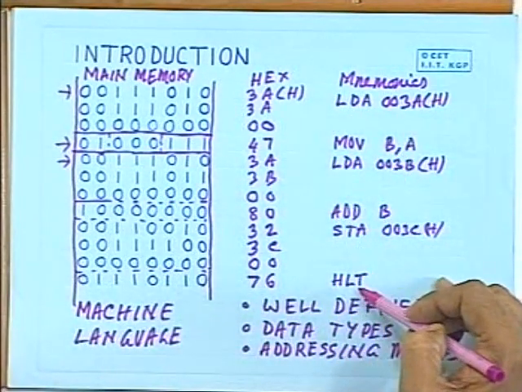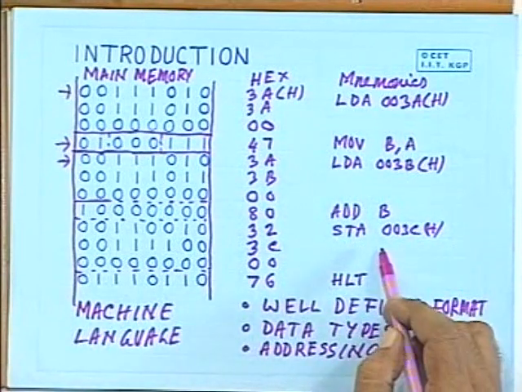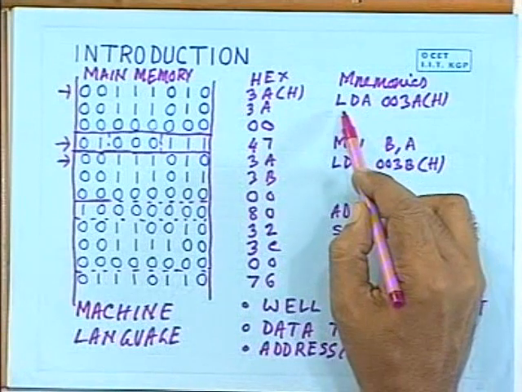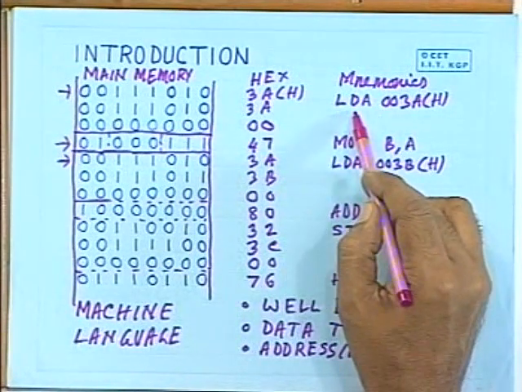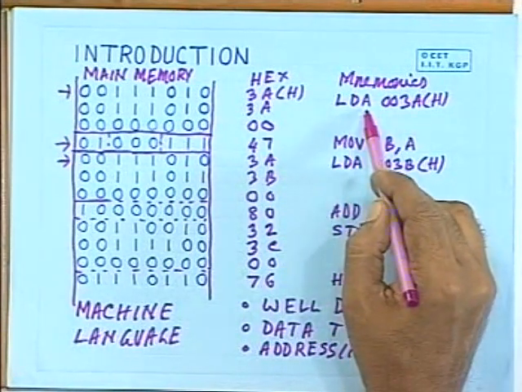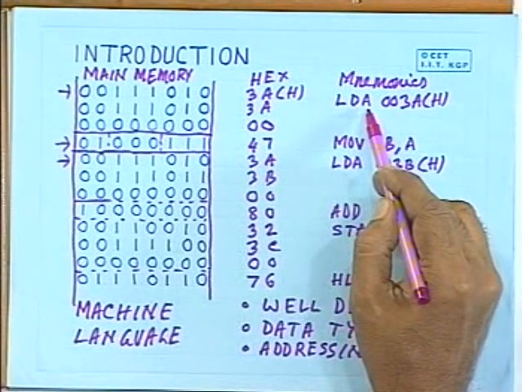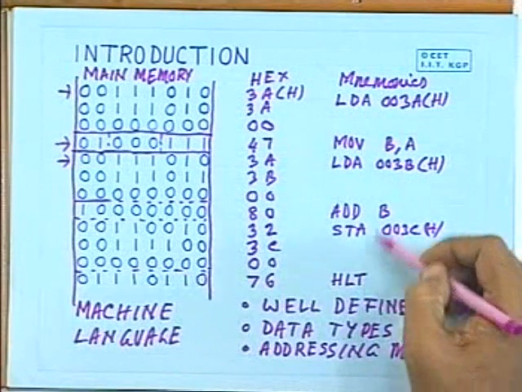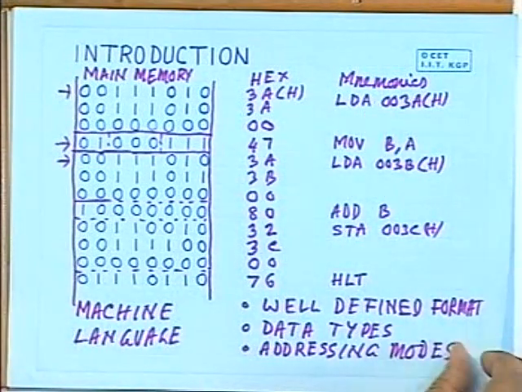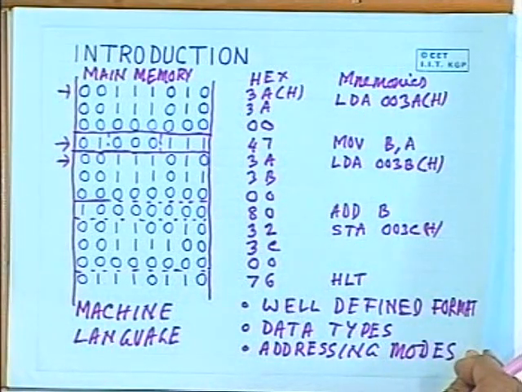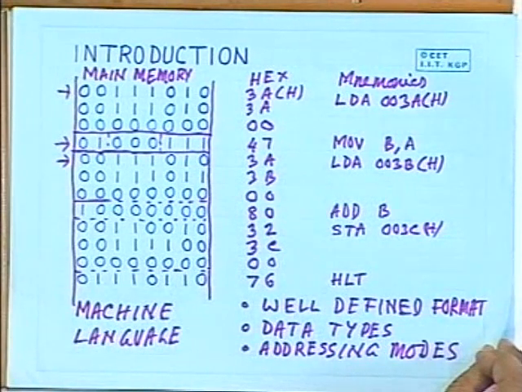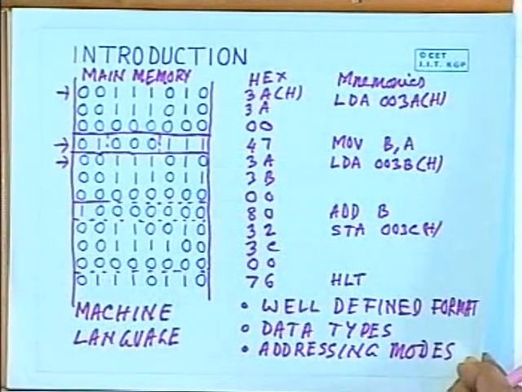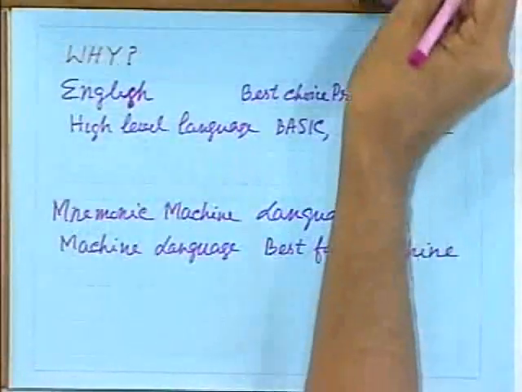And we have already discussed the advantage of using mnemonic machine language, because each operation specified with the help of a mnemonic is self-explanatory. It tells what it will do. As a result, it is very easy for a human user to understand what the instruction does, and obviously writing a program is more convenient by using mnemonic machine language.